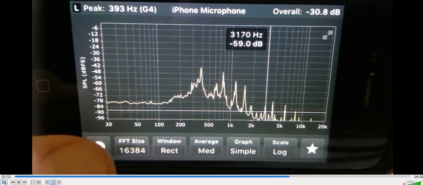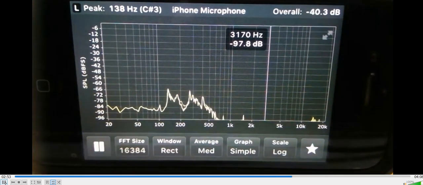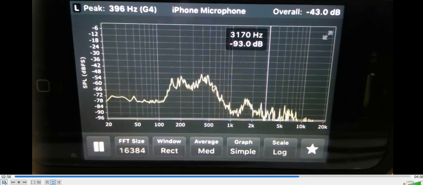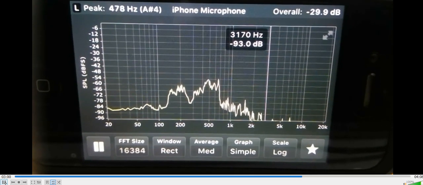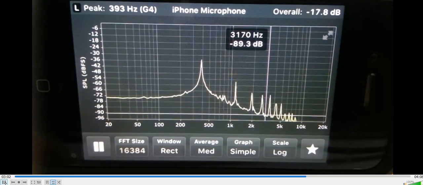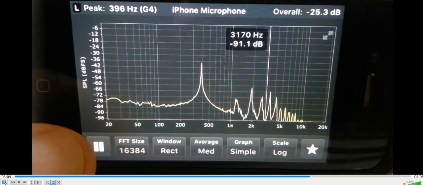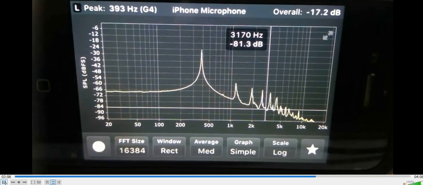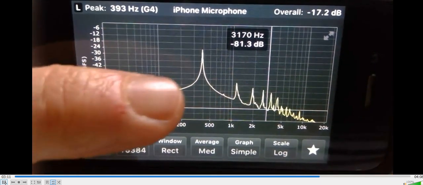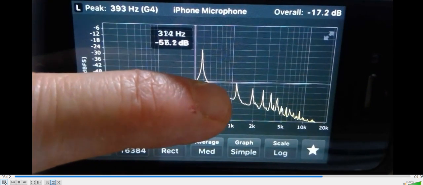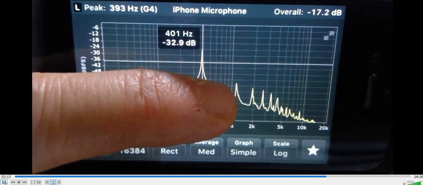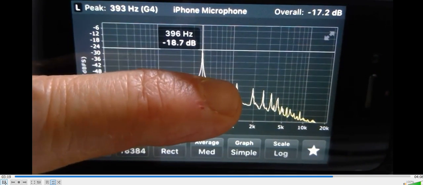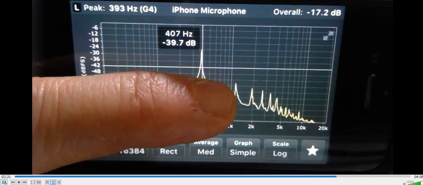But now let's listen to that pipe. And it's going to have the same fundamental. But we'll notice here that we get it at, once again, around 390.